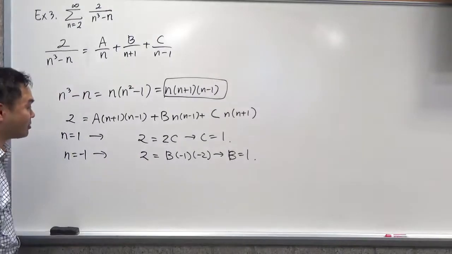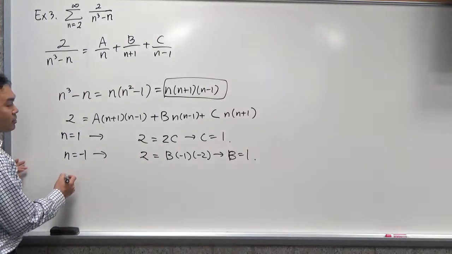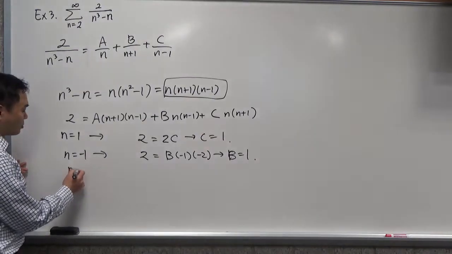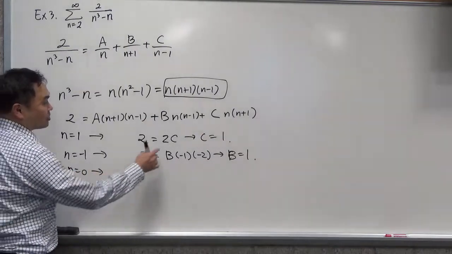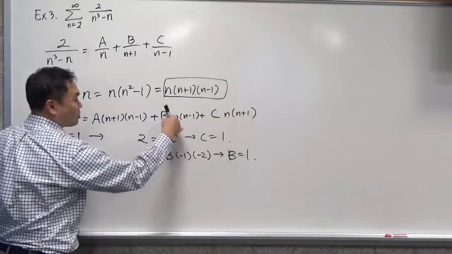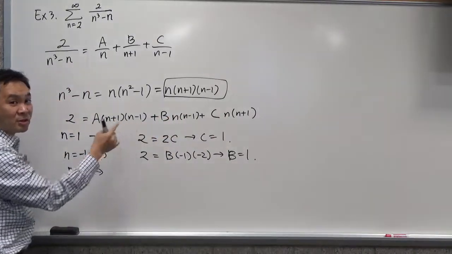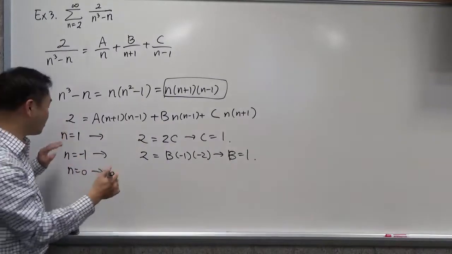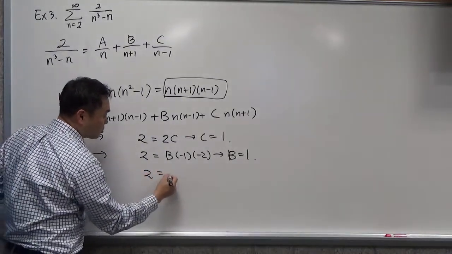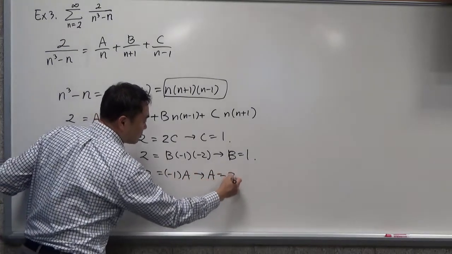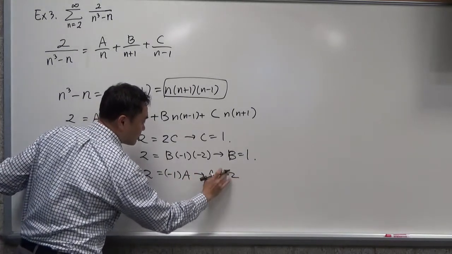Divide 2 on both sides. And what else? n equals 0, because then these are 0. When 0 is multiplied, the only thing that survives is this one. 1 times negative 1 is negative 1, so you have 2 equals negative 1 times A, so that A is equal to negative 2. Okay?